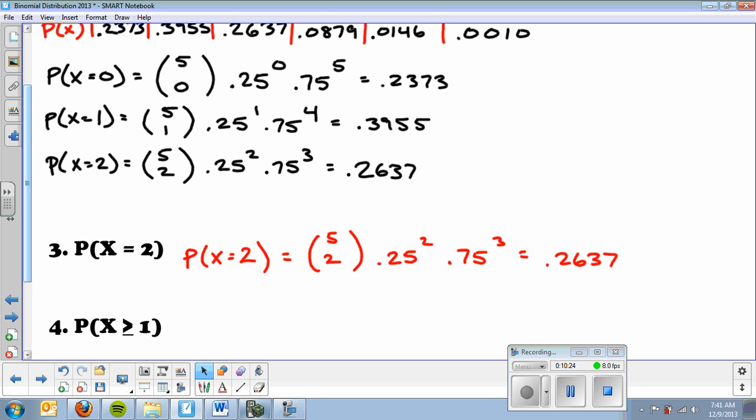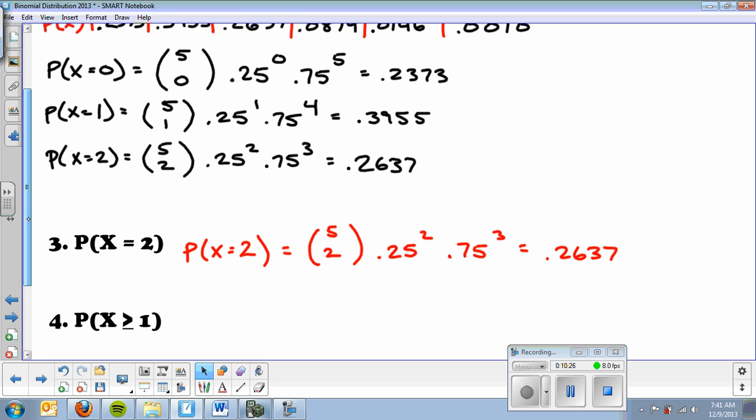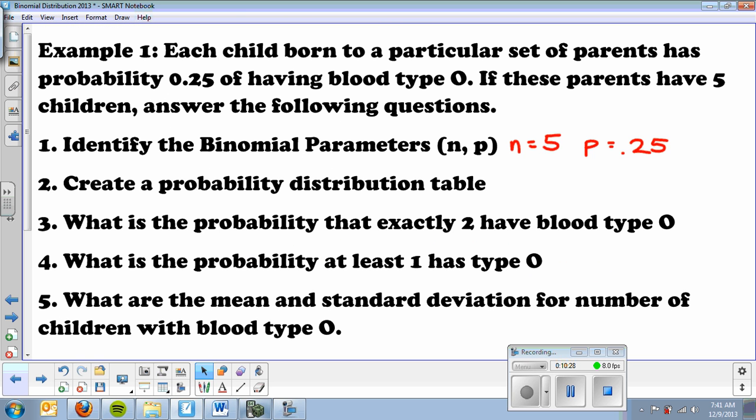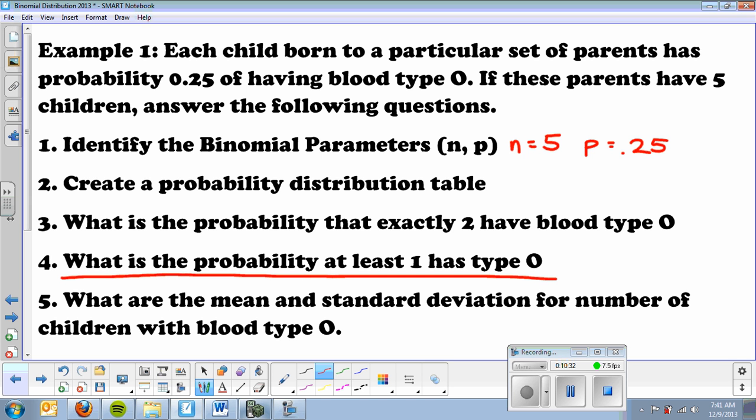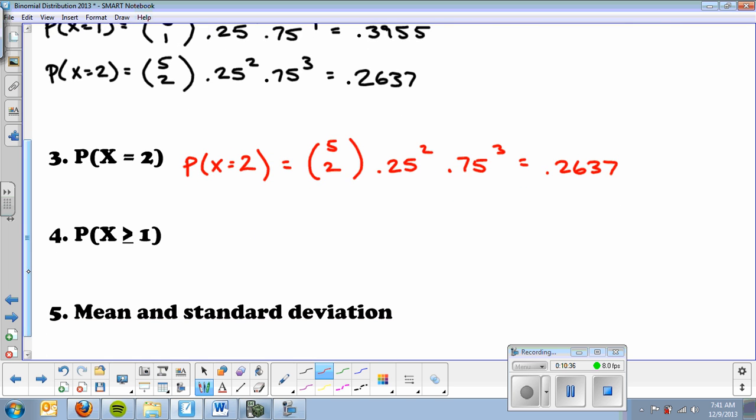Okay, what's the probability that x is greater than or equal to 1? Again, as a sentence, that says, what is the probability that at least one has type O? At least one. Now, that's a recurring idea that we talked about in the last chapter. At least one is 1 minus none. So 1 minus the probability of 0.